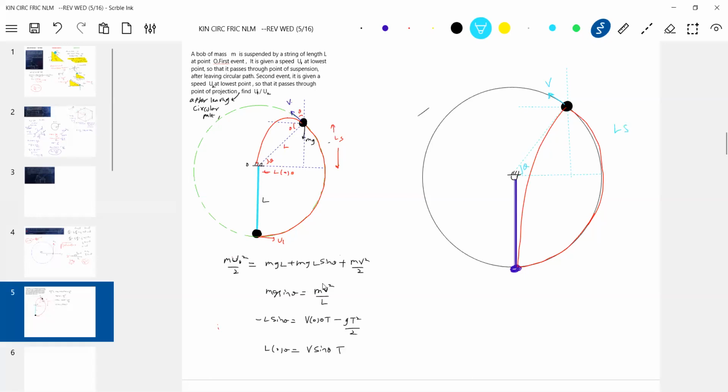Let it be the same thing: L sin theta, L cos theta, this is L. This is theta, this will be theta. The only difference is in writing the equations; these equations I'll continue as they are. There won't be any problem with these equations.